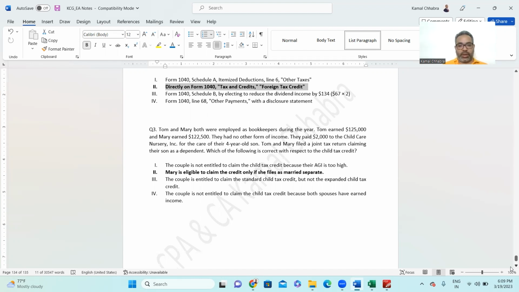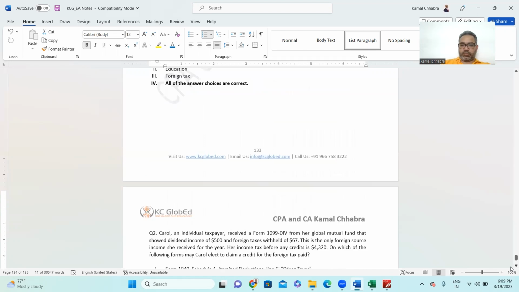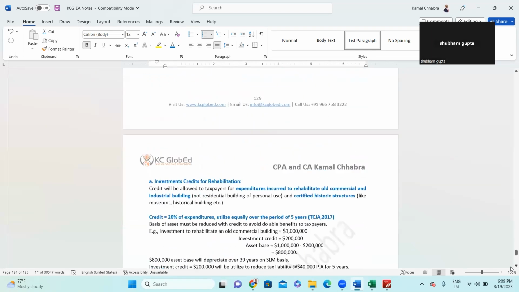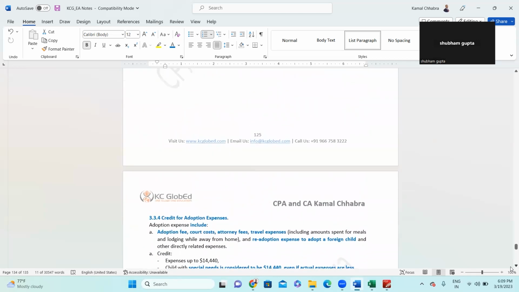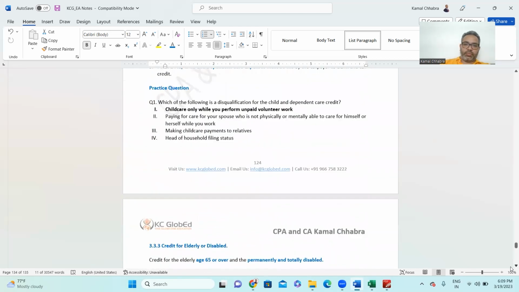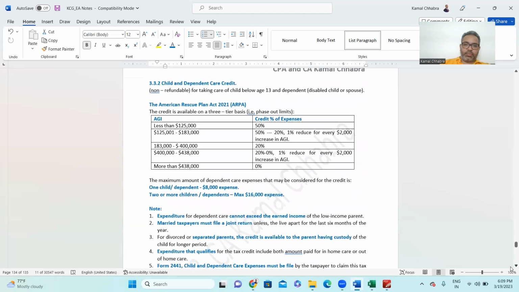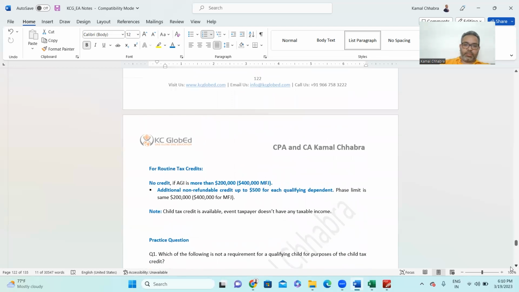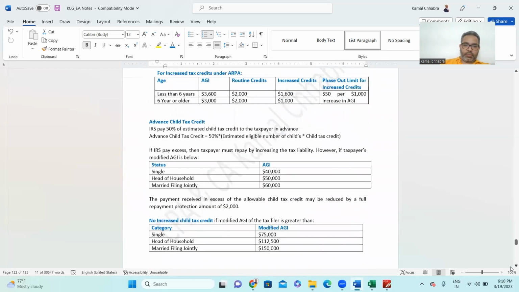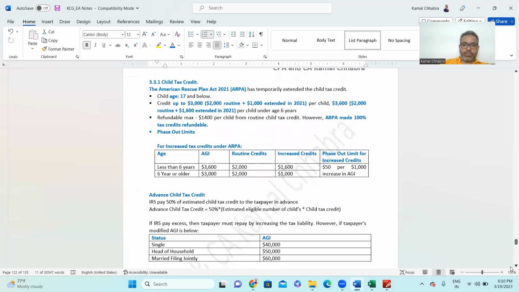Which of the following statement is correct with respect to child tax credit? A couple is not entitled to claim the child tax credit because their AGI is too high. Is it correct or incorrect? Was there any AGI limit for the child tax credit? How much is the limit? Child tax credit.